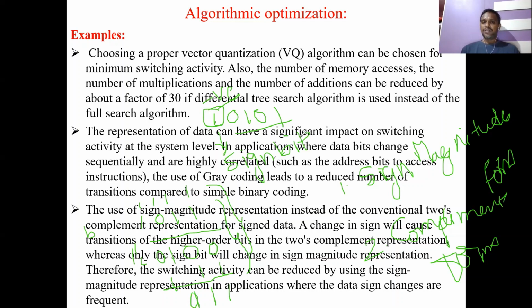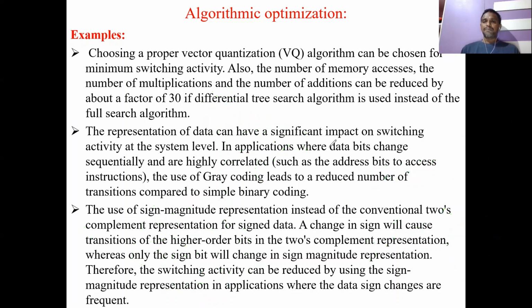So the proper selection of data representation is also very important while optimizing the switching activities. One example is gray code, and another is the signed magnitude representation. The use of signed magnitude representation instead of the conventional 2's complement representation for signed data: a change in sign will cause the transition of higher order bits in the 2's complement representation, whereas only one sign bit is involved in signed magnitude representation.